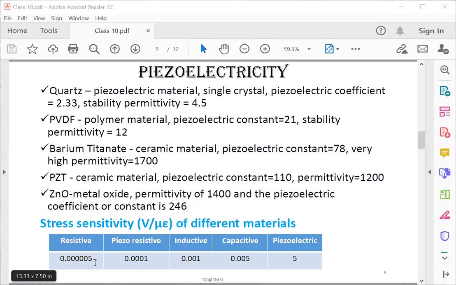You can utilize it for making piezo sensors or other types of actuators.